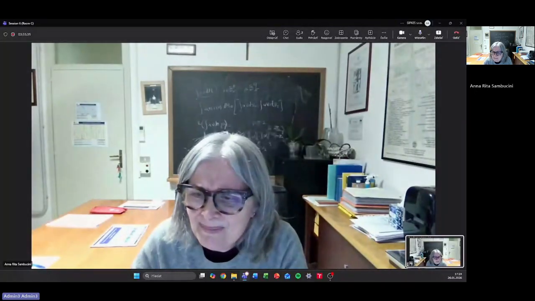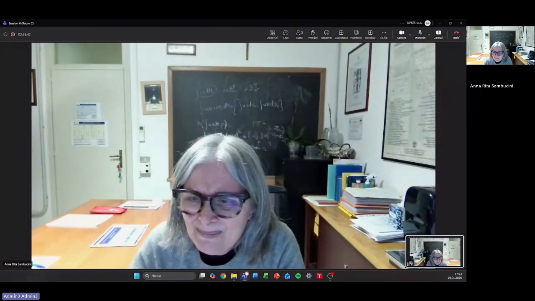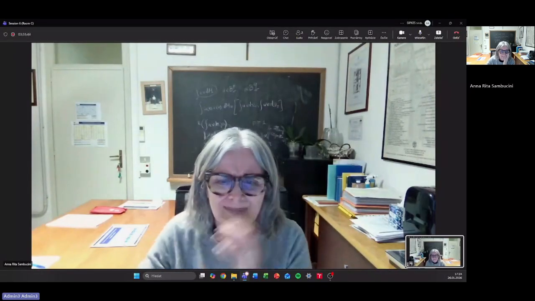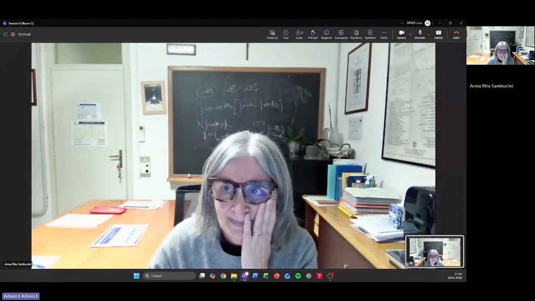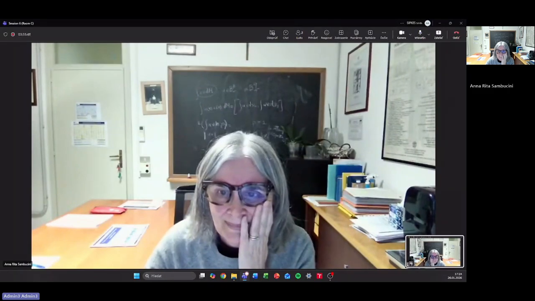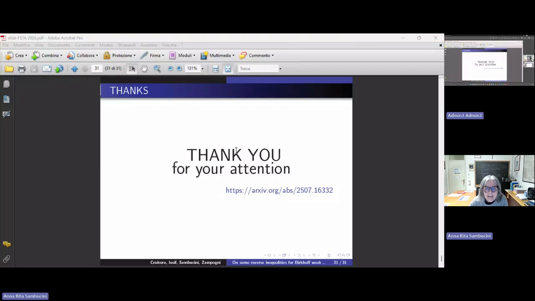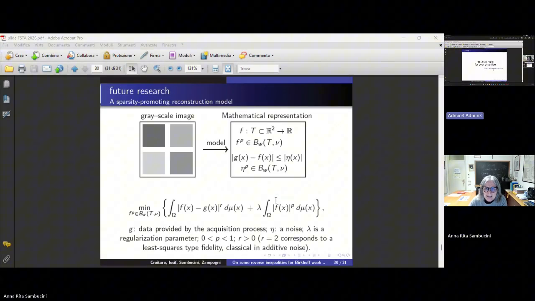So you showed that by selecting parameters of this type of integrability, you can reverse famous inequalities, right? Hölder inequality and also Minkowski inequality can be reversed. Why do you think that this is an advantage?